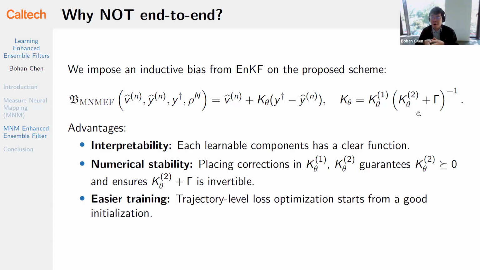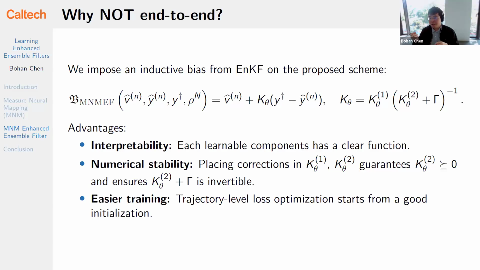And the third advantage is that it makes the training easier. This is related to the data assimilation problem itself. It's not just a one-step inverse problem setting, so the training loss should depend on the entire trajectory.